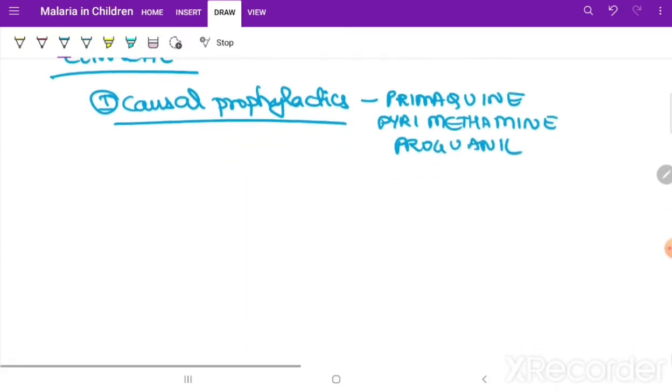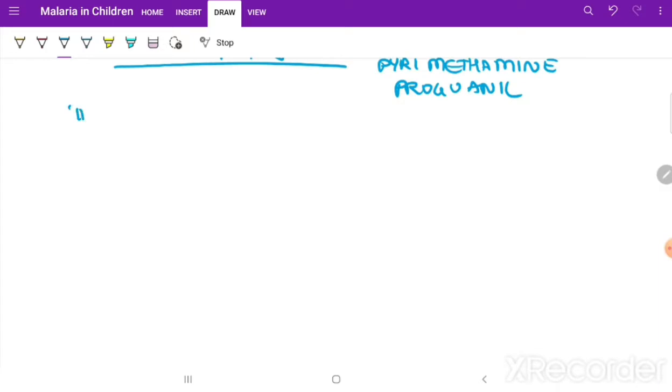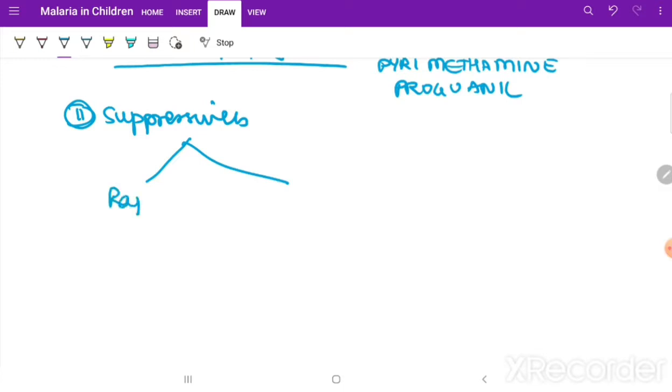Then we have number 2, suppressives. Suppressives are of 2 kinds, rapid acting and slow acting. What are suppressives? Suppressives inhibit the erythrocytic schizogony and the rupture of infected erythrocytes. Therefore, they lead to what? Clinical cure, that is freedom from the fever and rigors.